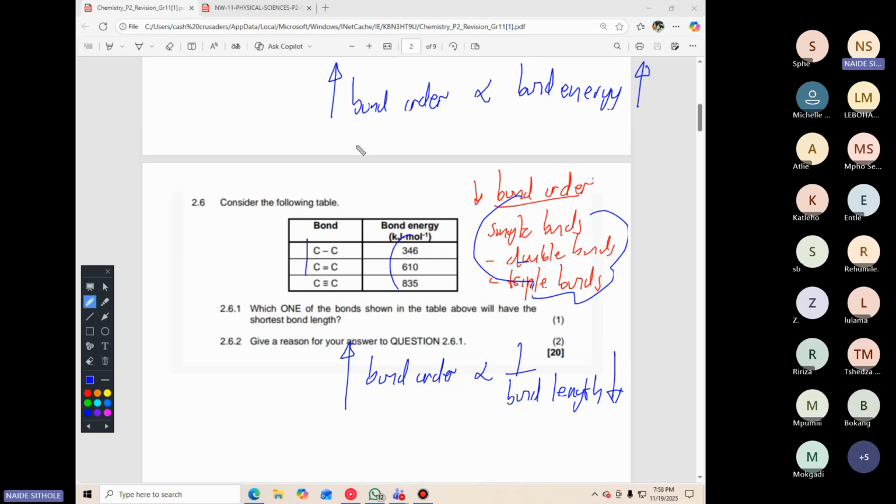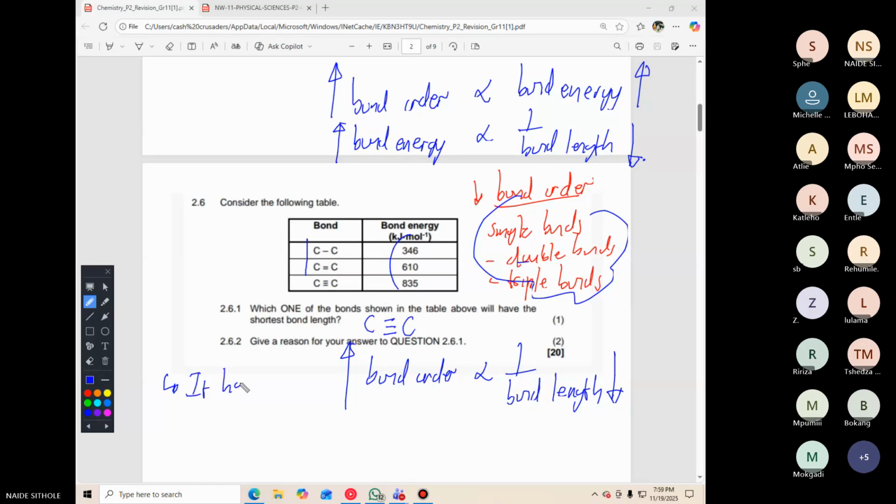But then also, again, we know that the relationship between bond energy and bond length is what? Inversely proportional. So with bond energy increasing, we're expecting the length to do what? To decrease. So meaning which one of the bonds shown in the table above will have the shortest bond length? It has to be the triple bond between carbons. Give a reason for your answer.